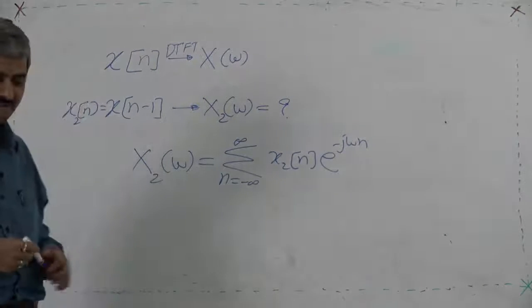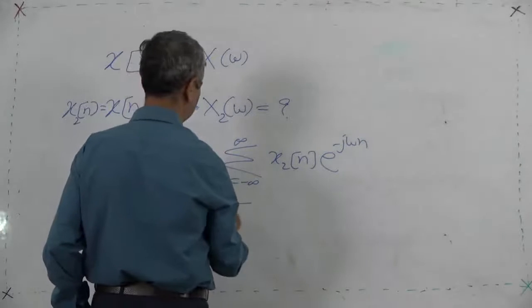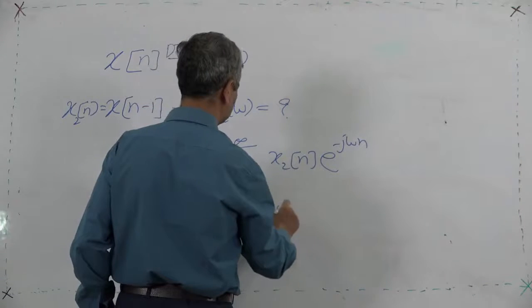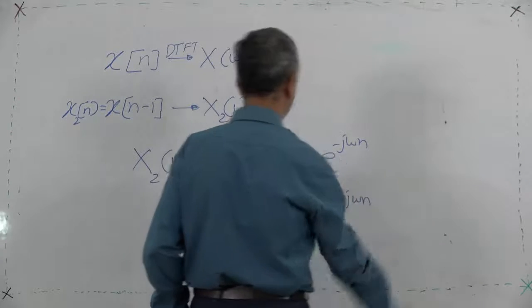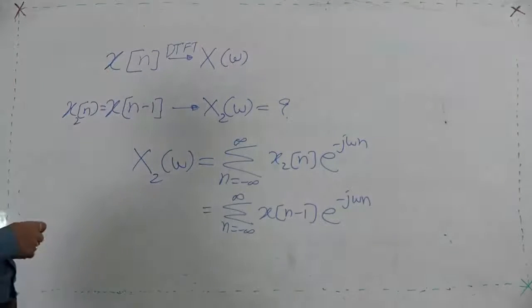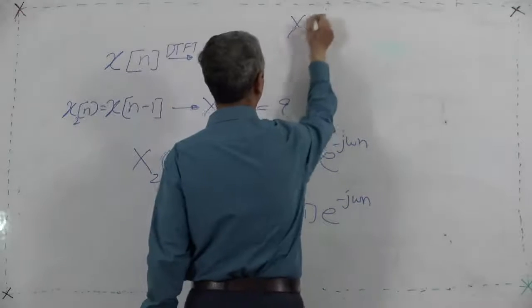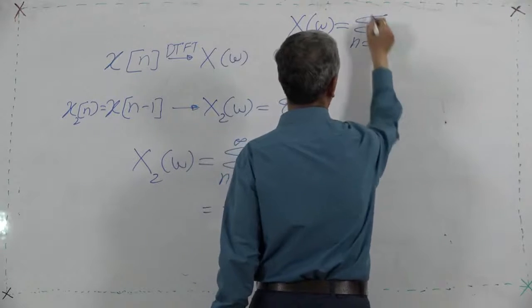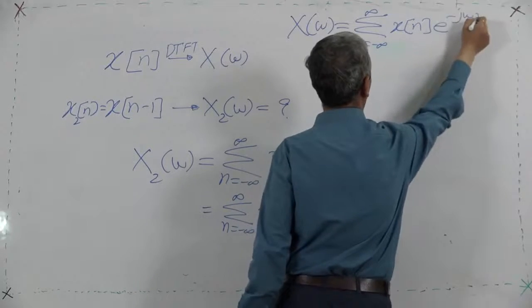But I know what x2[n] is. It is x[n minus 1], so summation n equal to minus infinity to infinity x[n minus 1] e raised to minus j omega n. And what is X(omega), which I already know? X(omega) is summation n equal to minus infinity to infinity x[n] e raised to minus j omega n.